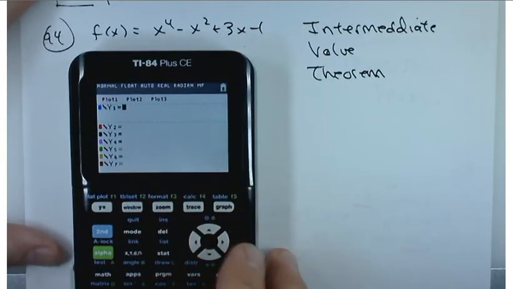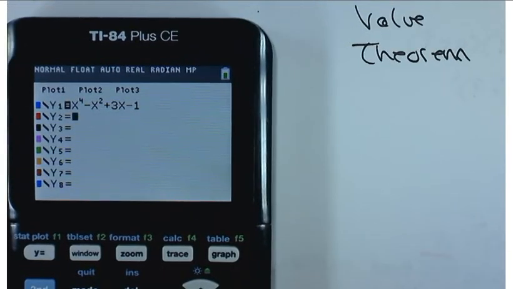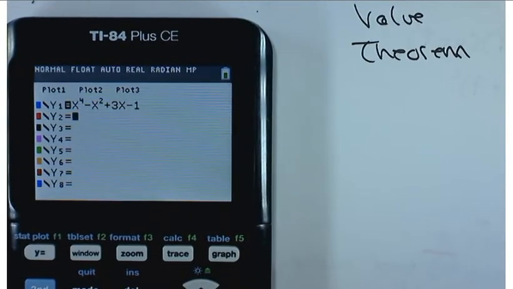I'm going to plug in x to the fourth minus x squared plus 3x minus 1. And they're asking you to examine this function on the interval 0 to 1. But let's go to the table function first.